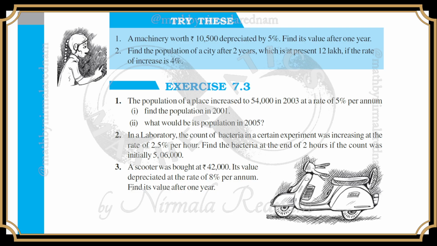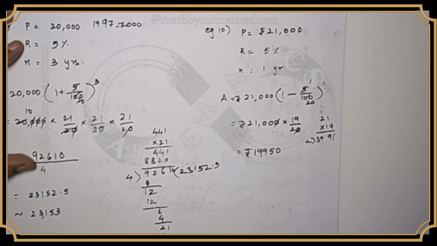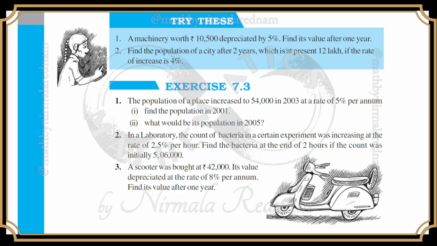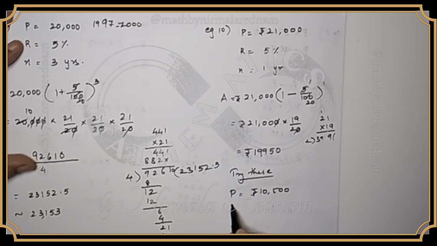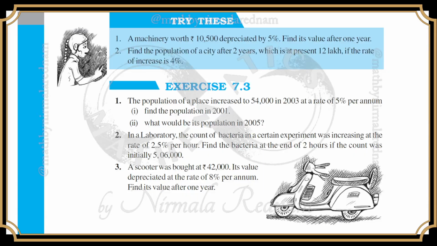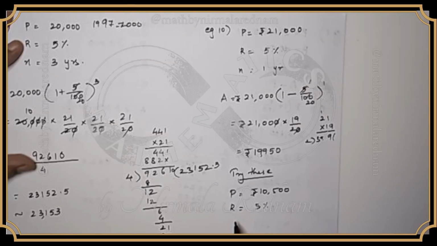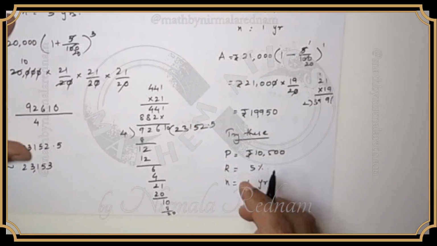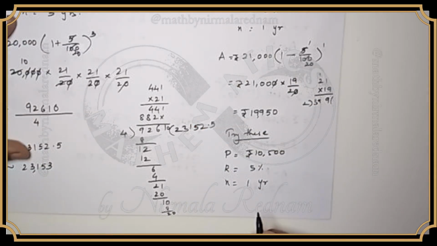So the principal amount is 10,500, and we are talking about depreciation of 5%, and I want the depreciated value after 1 year. So n is equal to 1. So it's exactly the same as this example, the 10th solved example.